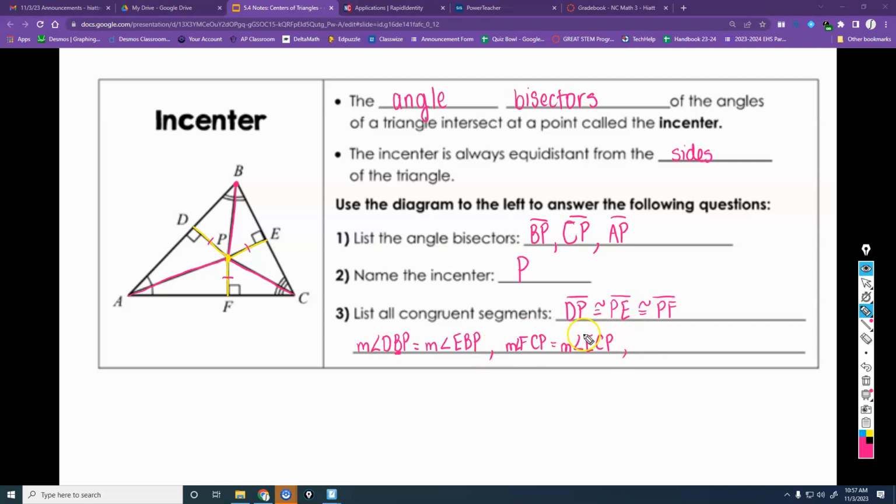And then last, we would have the measure of angle FAP is equal to the measure of angle DAP. Okay, questions?